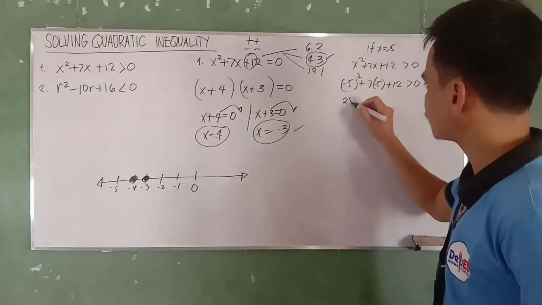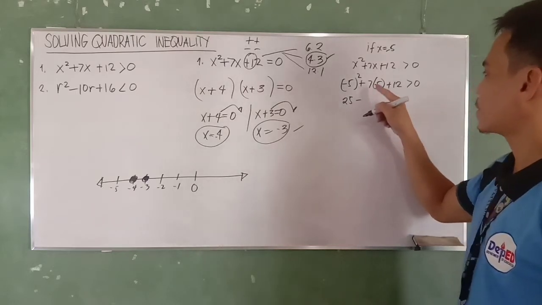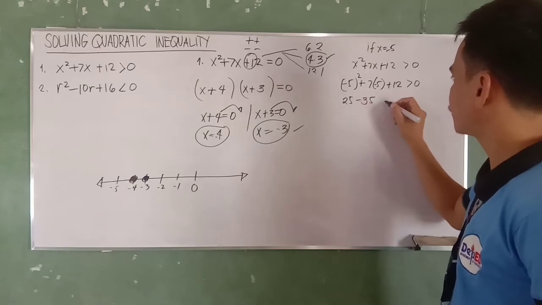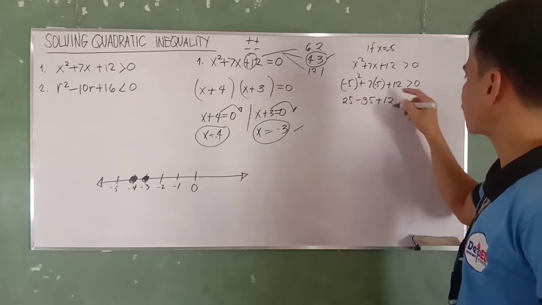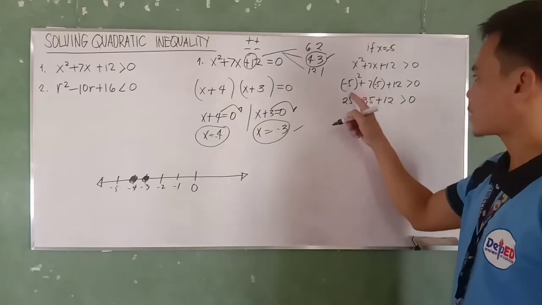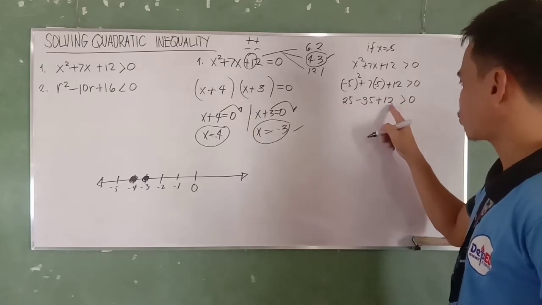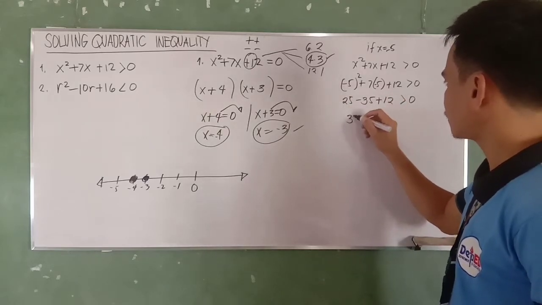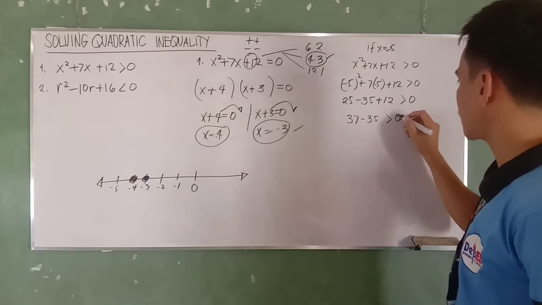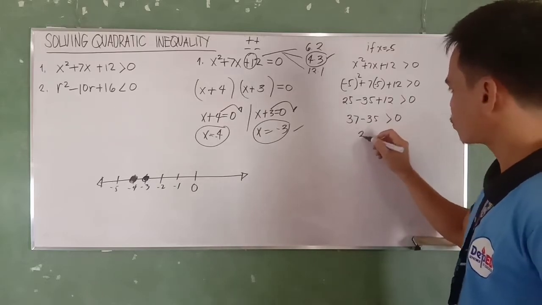This is positive 25 minus 35, because 7 times negative 5 is negative 35, and positive 12, greater than 0. Let's combine the like signs first. Positive 25 plus 12 is 37, minus 35 is greater than 0. 37 minus 35 is 2.